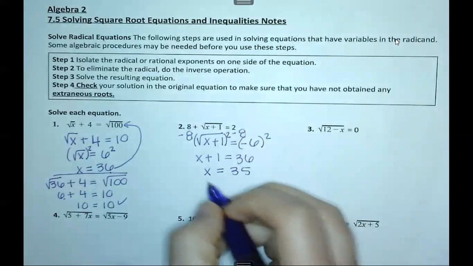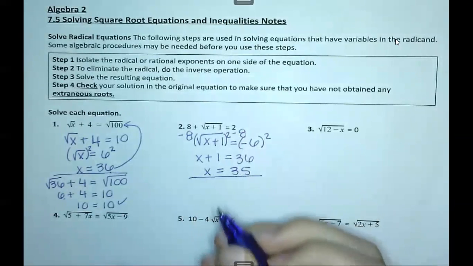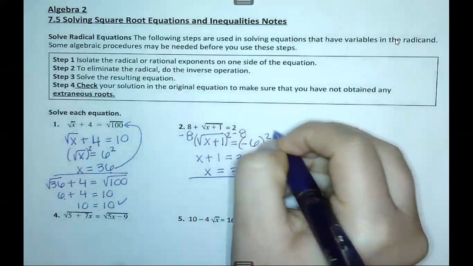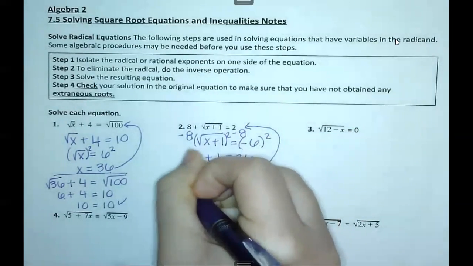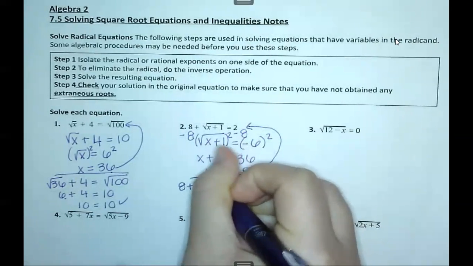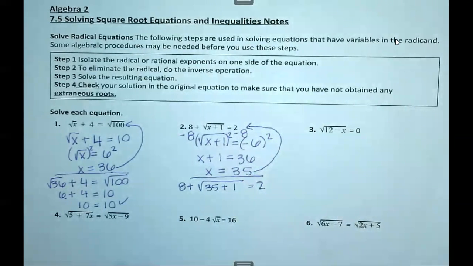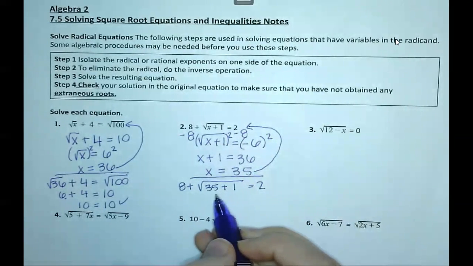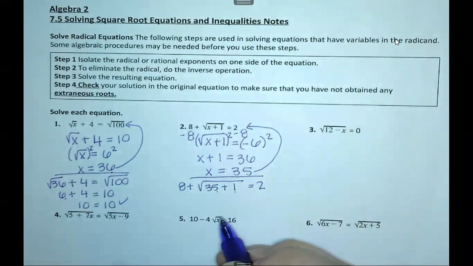All right, I now have to check this in the equation to see if it works. I'm going to take this 35 and plug it into the original. So I'm going to have 8 plus the square root of 35 plus 1 equals 2. So we do what's underneath our square root first. 35 plus 1 is going to give us 36.